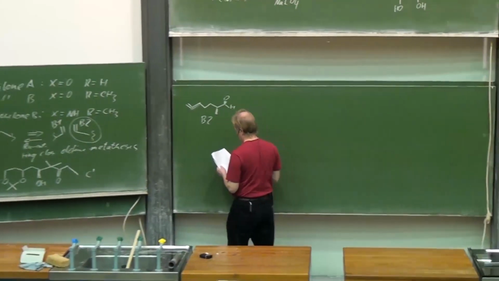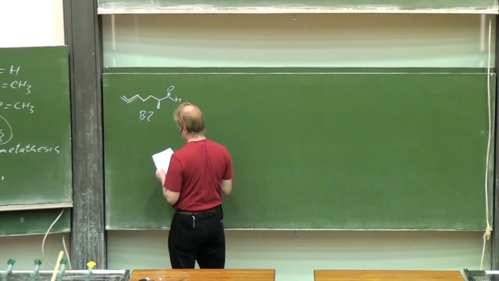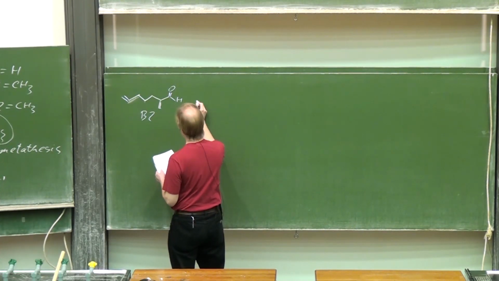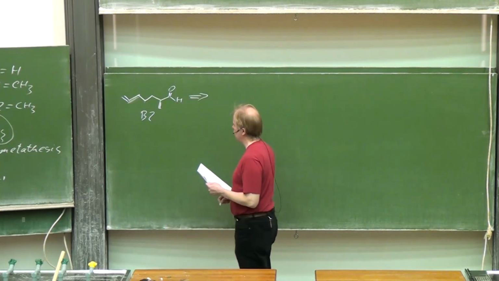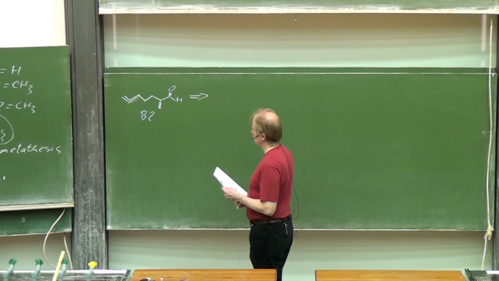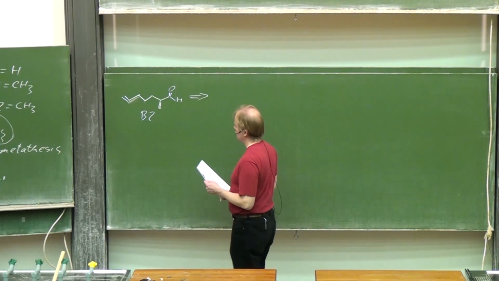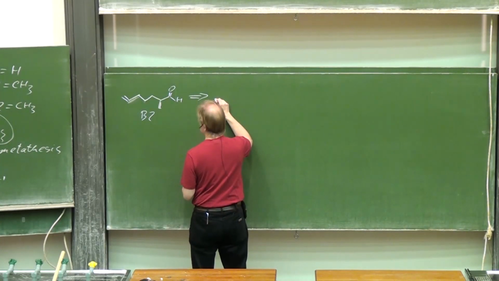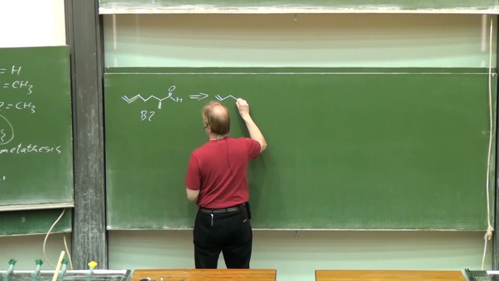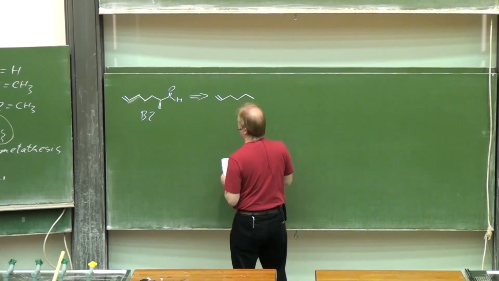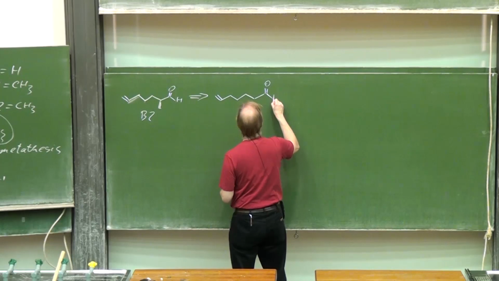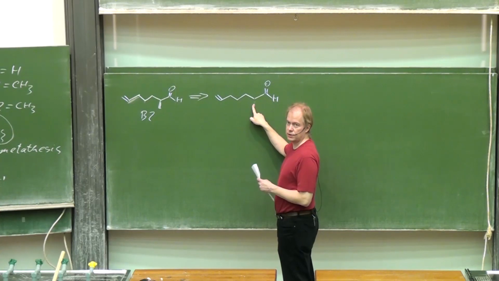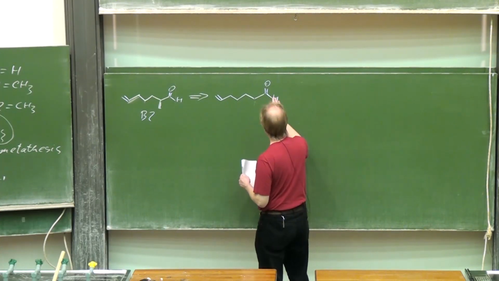So, okay. The general plan is, for instance, having already that chain and introducing a methyl group enantioselectively alpha to the carbonyl group.